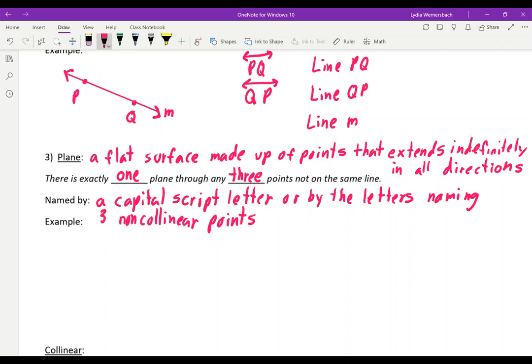Okay. And so what non-collinear means is not on the same line. So collinear, co meaning kind of same, linear meaning line, would be on the same line. Non-collinear would be not on the same line.